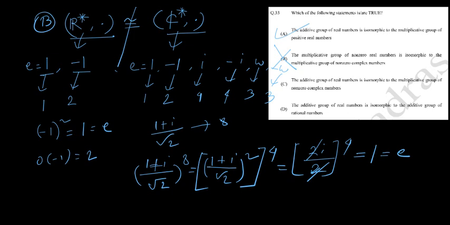Next, option C. In option C, it's given that the additive group of real numbers is isomorphic to the multiplicative group of non-zero complex numbers. Here in the additive group, there is only one finite order element, the identity element. 0 is the only finite order element; it is the identity element, and its order is 1.